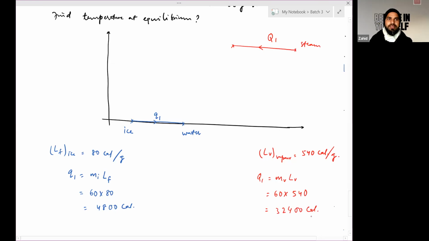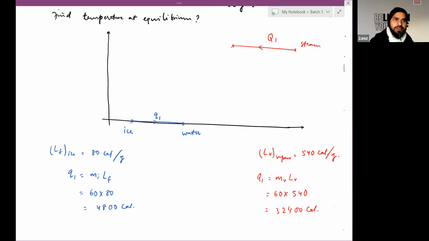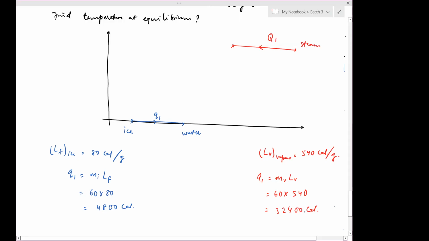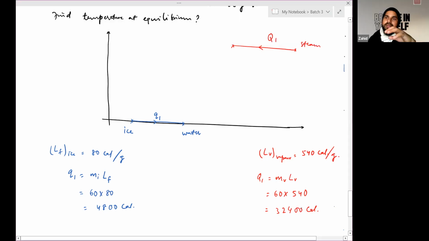So which is the larger amount, capital Q1 or small q1? The capital Q. It means we have a large amount of heat energy in this particular system.